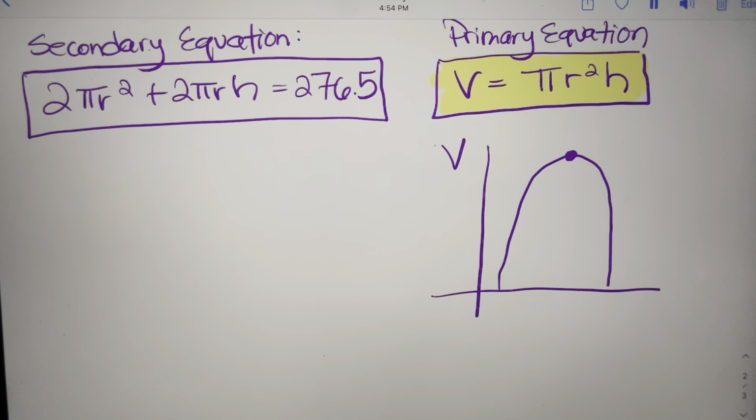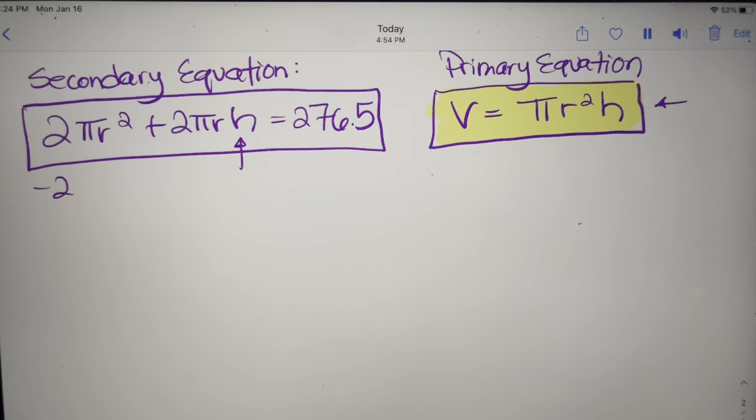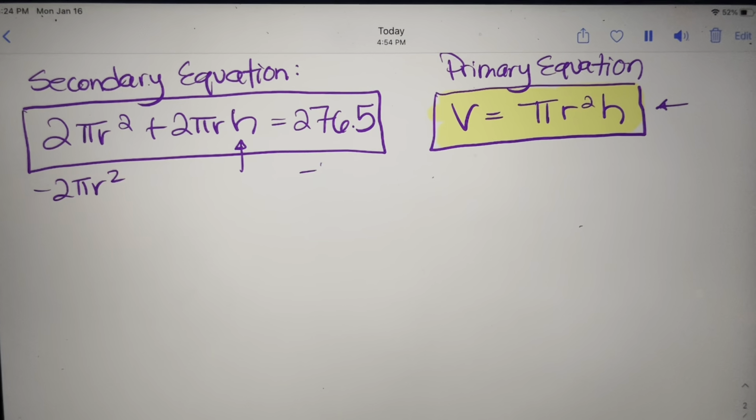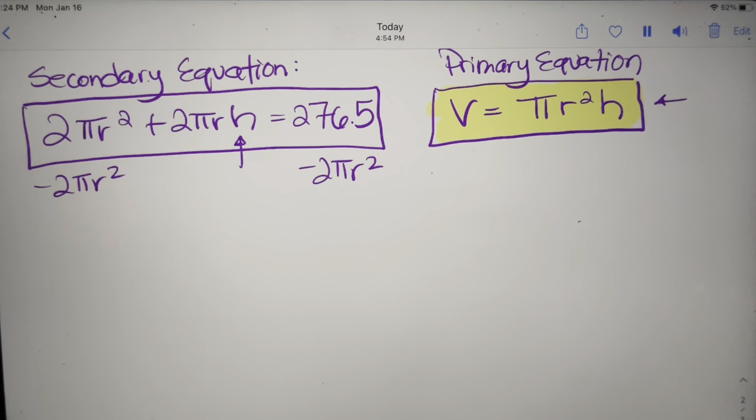If I'm trying to solve for h, I can subtract 2 pi r squared from both sides to give me 2 pi r h is equal to 276.5 minus 2 pi r squared, and then divide both sides by 2 pi r to give me h is equal to (276.5 minus 2 pi r squared) divided by 2 pi r.